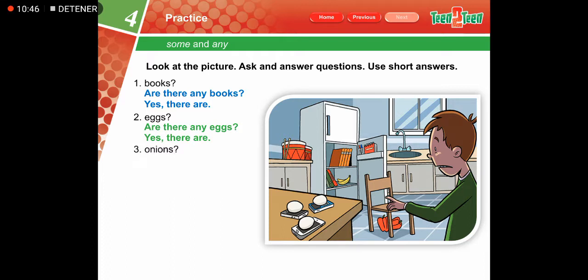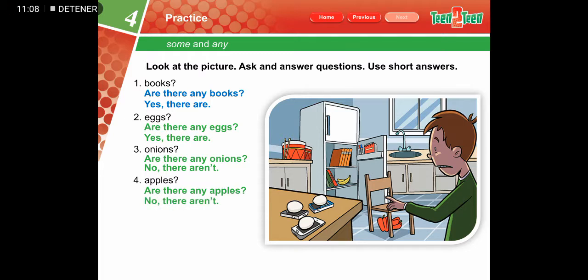Are there any onions? No se mira, ¿verdad? Entonces, no, they aren't. There aren't. Number 4, apples. Are there any apples? No, there aren't.